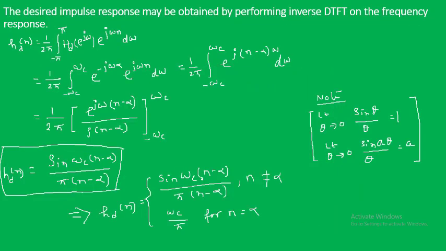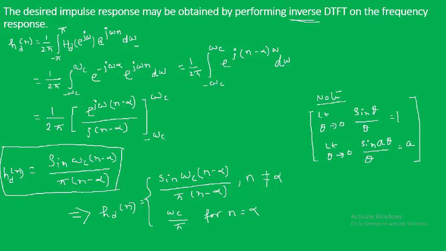Now coming to the desired impulse response. From the desired frequency response we need to obtain the desired impulse response, hd of n. How can you get it? We have to perform the inverse DTFT. For the inverse DTFT, this is the relation: 1 by 2 pi, integration from minus pi to plus pi, Hd of e to the power j omega, e to the power j omega n, integrating with respect to omega.